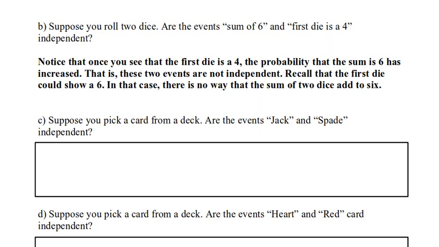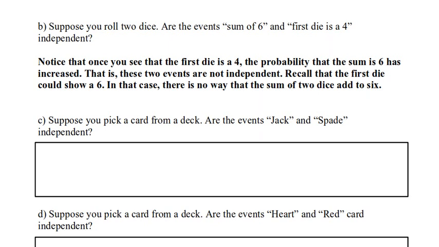Now, why has it increased? It's increased because the first die could have shown a 6. And if the first die had shown a 6, there is no way that the second die could add something to it and still be a sum of 6. So basically, by seeing that the first die is not a 6, we've changed the probability.